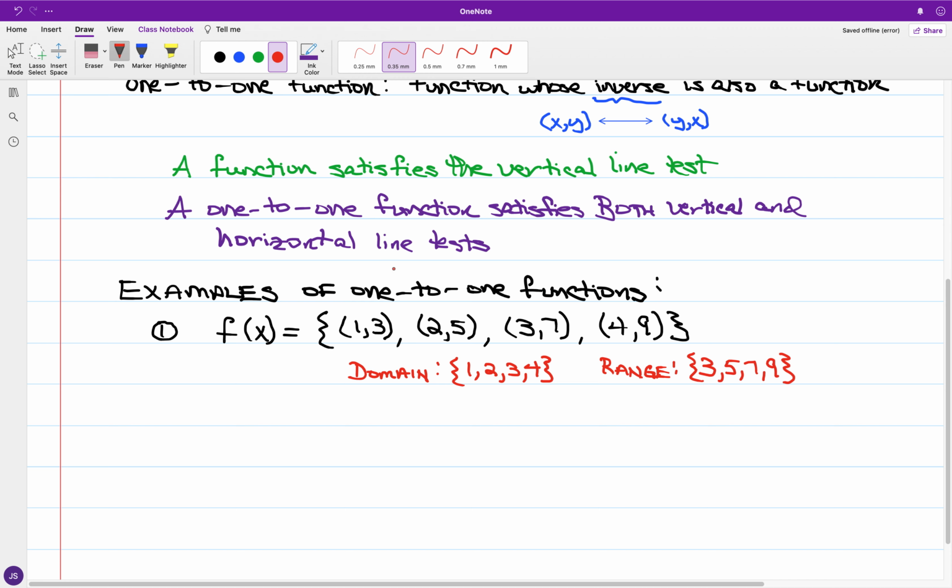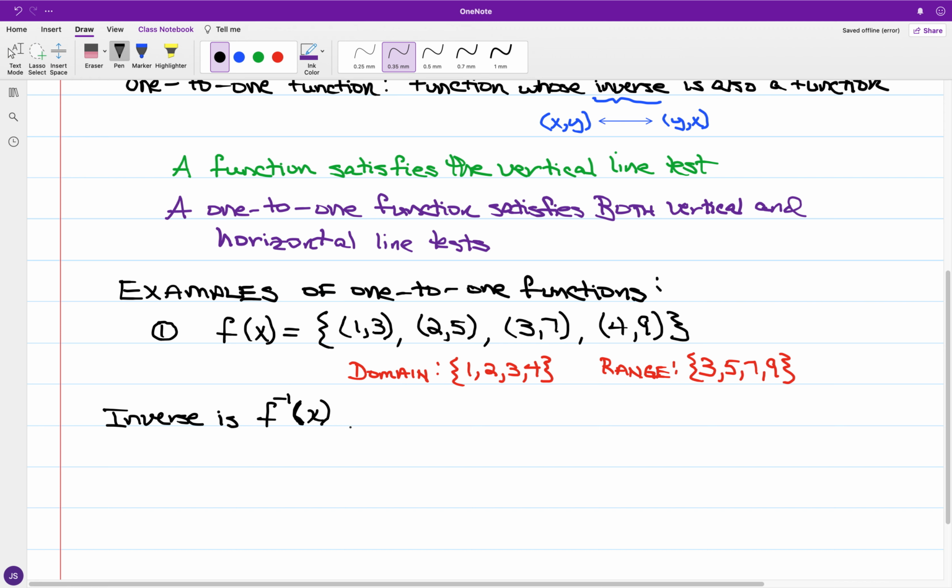And this is also going to be a one-to-one function, and that's because its inverse is going to be a function. And so for the inverse, the notation we will use for this one, you could have it like g of x, h of x, but just to signify that we are directly taking the inverse of f of x, we have what looks like f to the negative 1 of x, and this will be your traditional inverse notation for a given function.